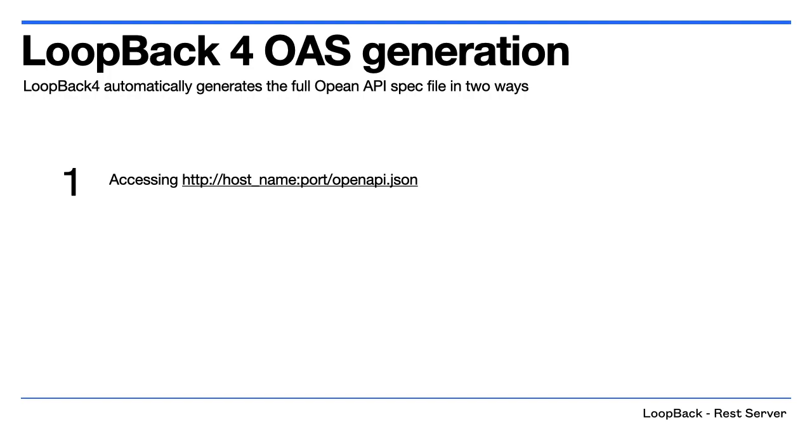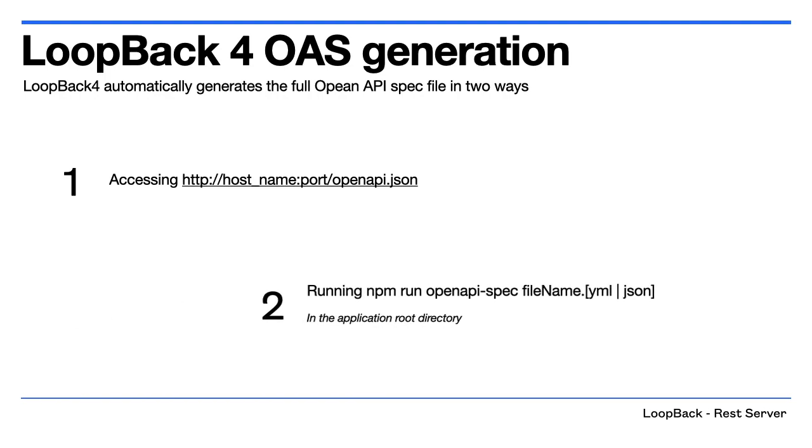So if I open a browser with openapi.json at the end, I will grab the full Open API specification for my application. Or from the root of your application, you can run npm run openapi-spec, the file name, and an extension, which can be either YAML or JSON. Depending on the extension, it will generate in the YAML format or in the JSON format.